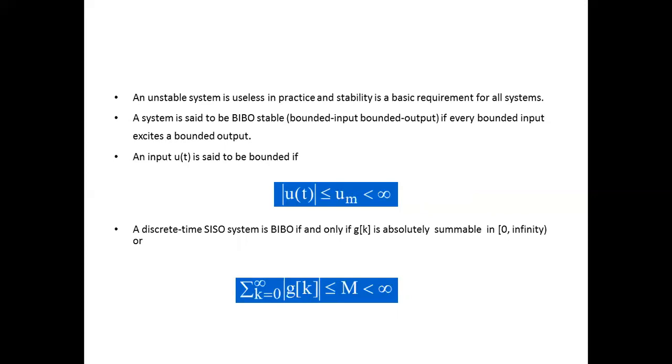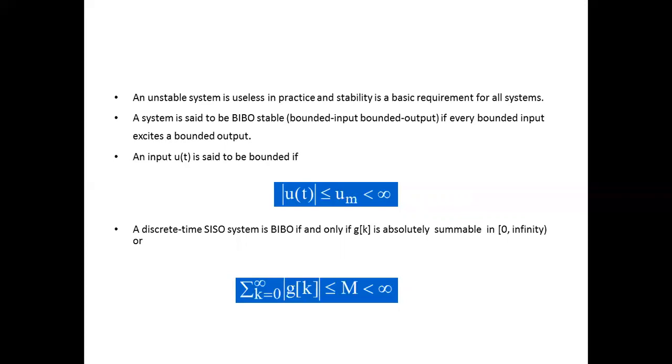Now, if we have a bounded input and the output is bounded, then we call the system stable. But one point should be kept in mind: if we get a bounded output without knowing the status of the input, whether it is bounded or unbounded, we cannot say the system is stable.